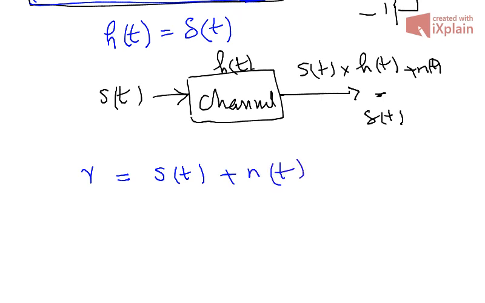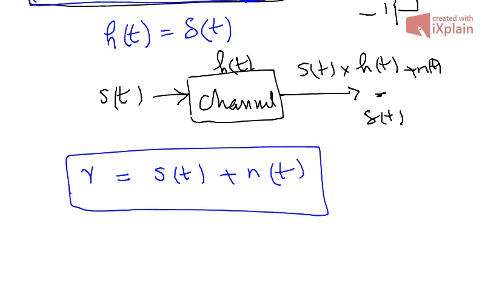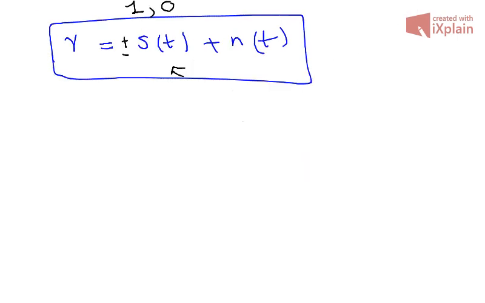Now we said that we have only the effect of noise in our received signal, and this s of t is either plus or minus depending upon a binary 1 and a binary 0. So for a binary 1, suppose we are transmitting plus s of t, and for a binary 0 we are transmitting minus s of t.